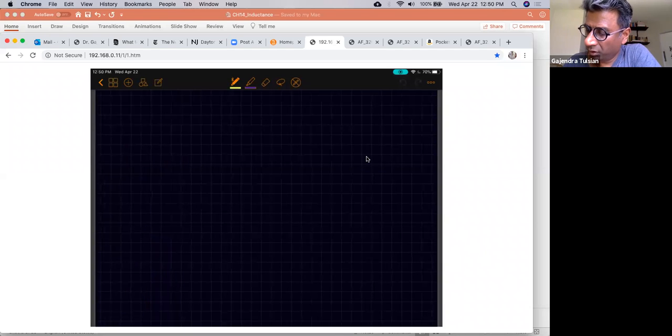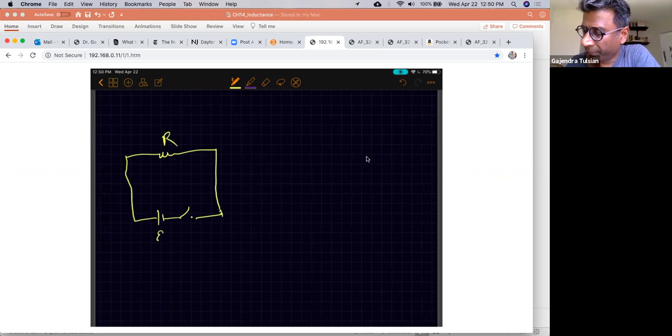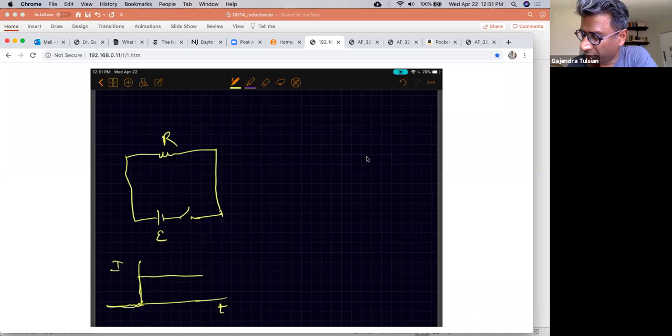If you have just a resistor in a circuit, and here's a switch, and let's say you close the switch at t equal to 0. The current for negative t will be 0, and the instant you close the switch, the current will go to its maximum value E by R and remain steady.